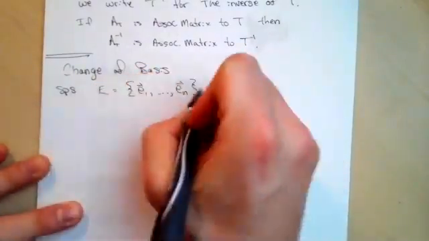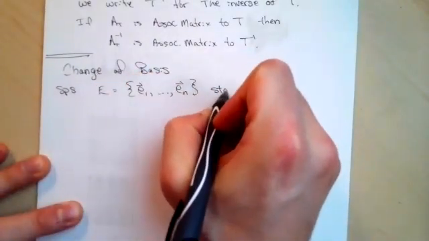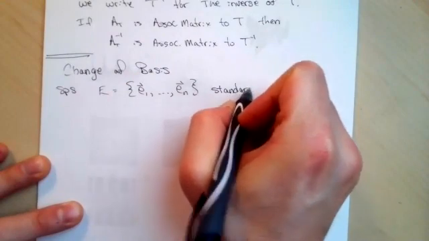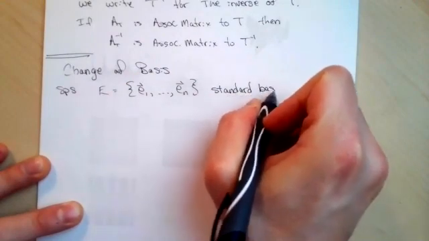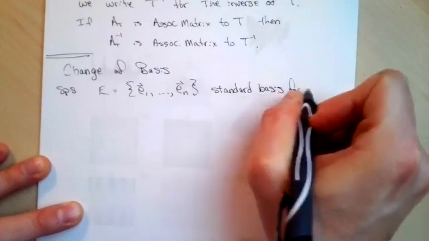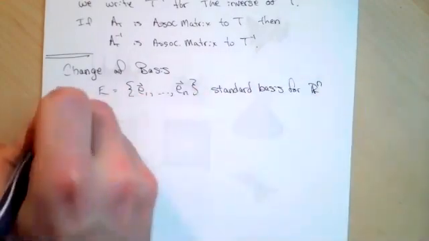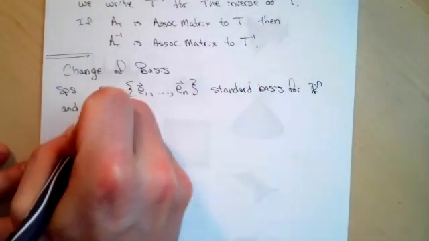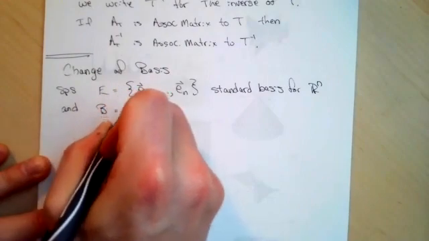So we have E as our standard basis for Rn. And now let's say we have a different basis.